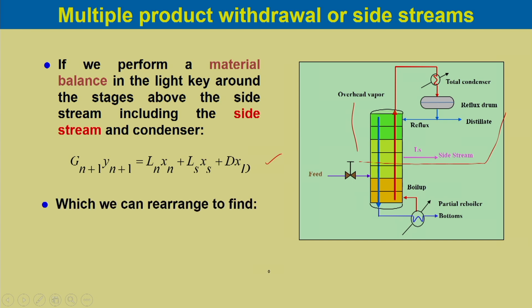Now, we can rearrange and write y n plus 1 would be equal to L n by G n plus 1 into x n plus L s x s plus D x D by G n plus 1.